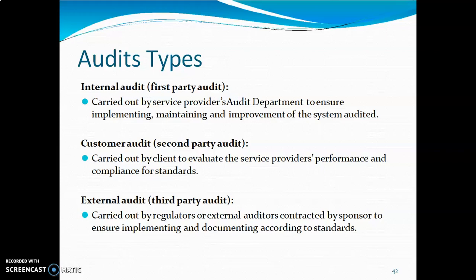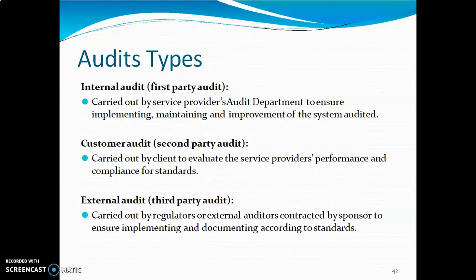So here the internal team will be there with the help of them. This audit will be carried out to check whether the implementation and maintenance of the system is properly done or not. Next, other than that, the customer audit, which is called a second party audit, is carried out by the client to evaluate the service provider's performance and compliance with the standards.